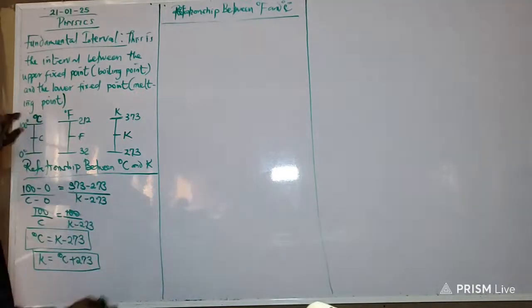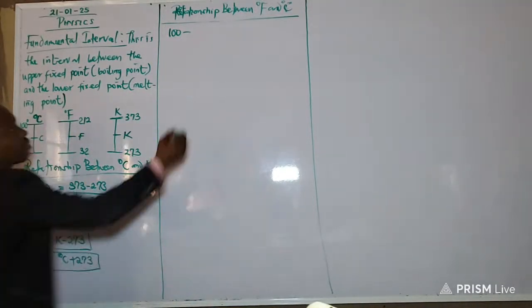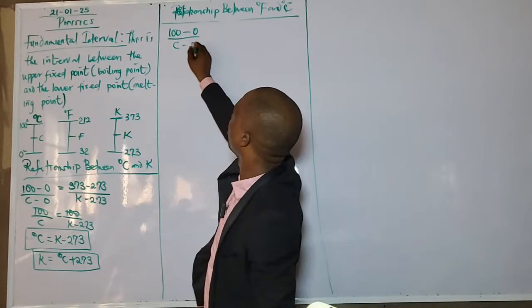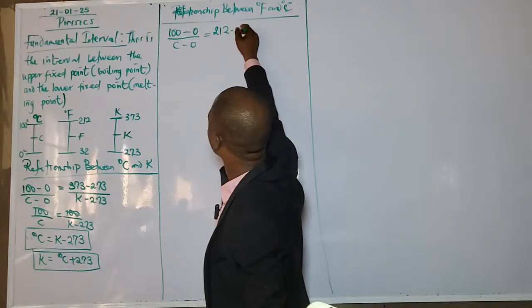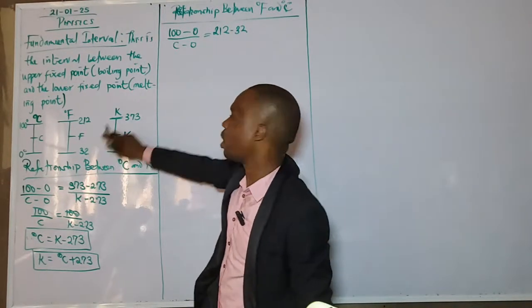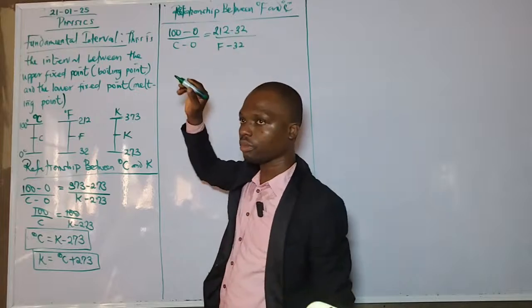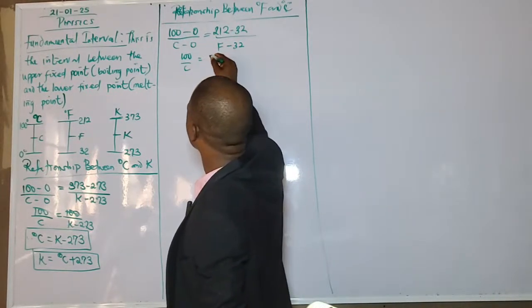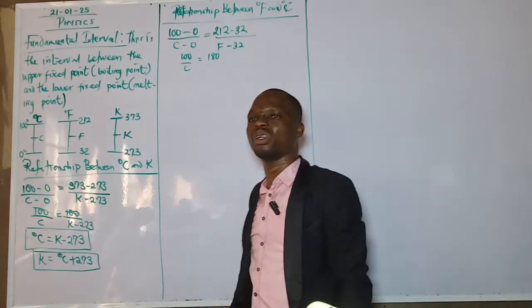Looking at the two, upper minus lower over middle minus lower equals 212 minus 32, upper minus lower, over middle minus lower. And this gives us 100 over C equals 180. This 180 difference is what we call the fundamental interval.